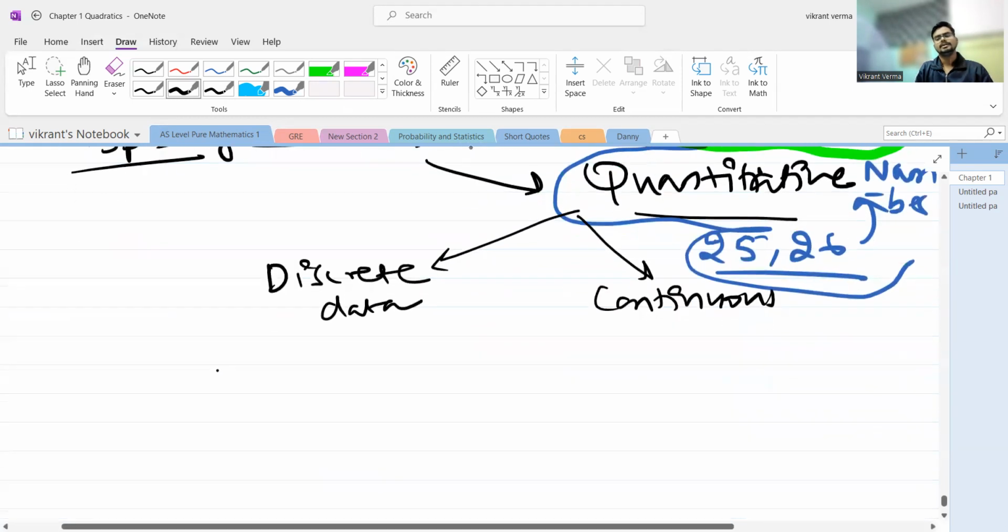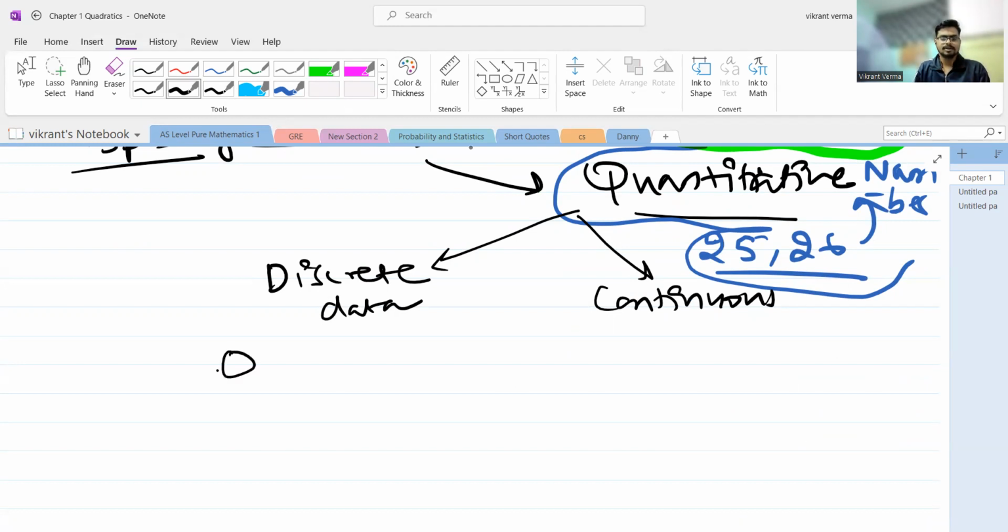Discrete data might include values, for example, if I toss a coin once, the number of heads can be either 0 or 1. So it can take two values. Values like this, which can be counted, come under the discrete data type.